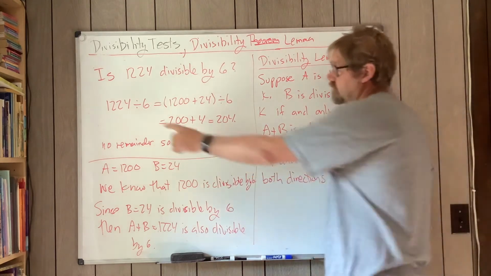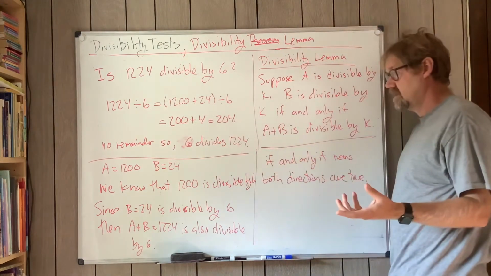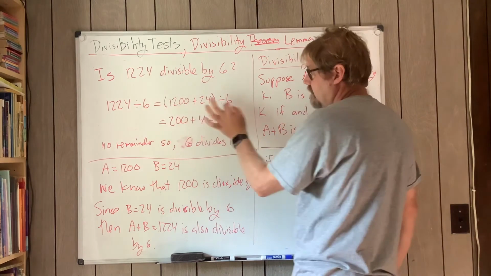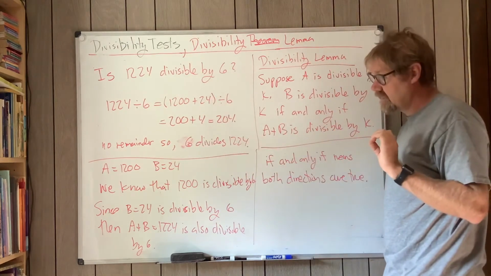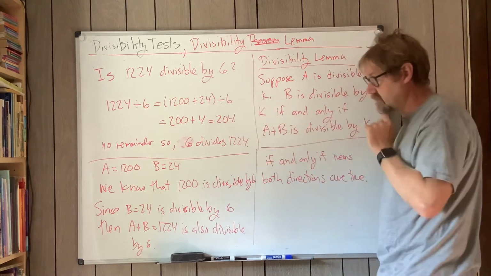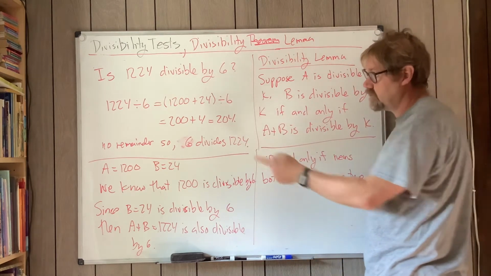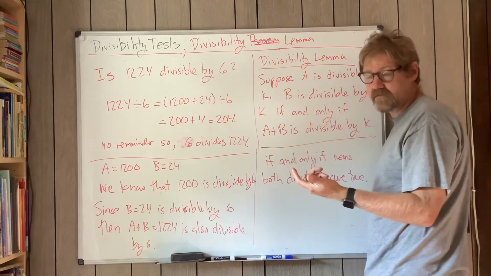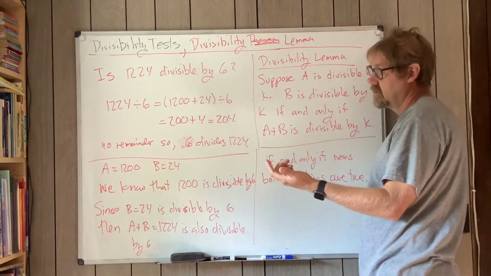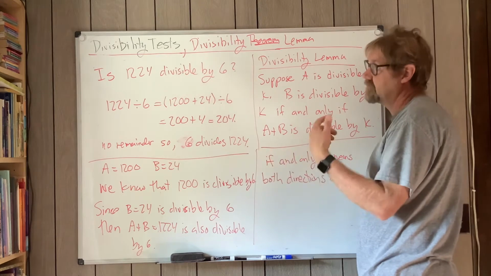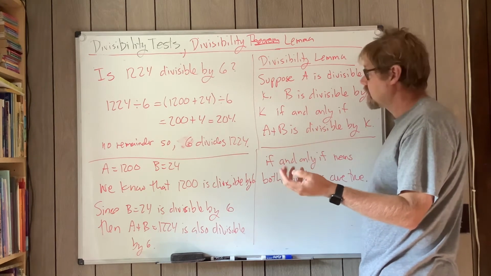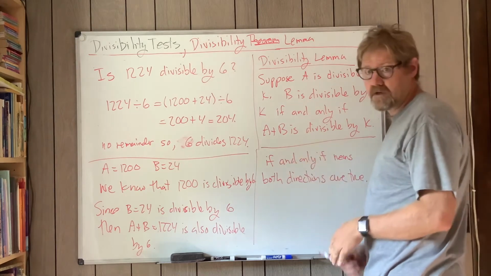So instead of doing 1224, I pulled off 1200 because I know that is divisible by 6. And then all we have to do is check to see if 24 is divisible by 6. If it is, then the original is divisible by 6, and if it wasn't, then it wouldn't be. Okay, so that's what's going on.